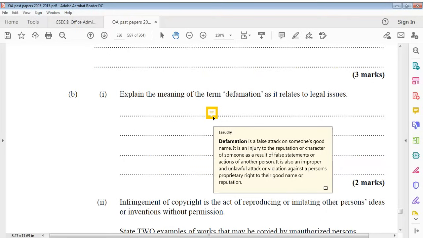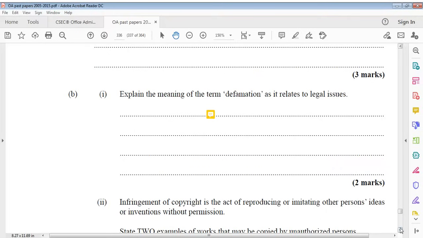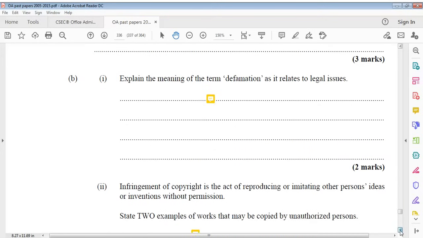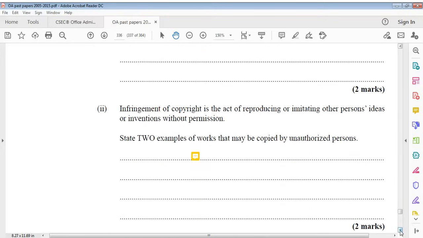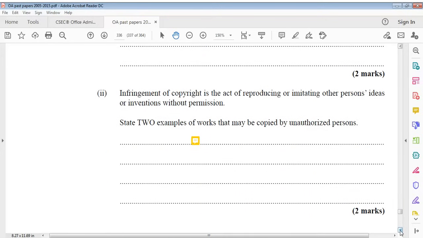All right. So let's move on to number 2BI. Infringement of copyright is the act of reproducing or imitating other person's ideas or inventions without permission.